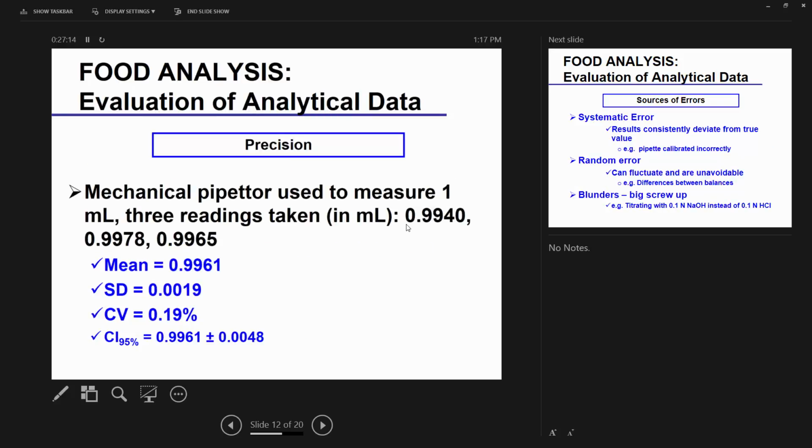So your true mean, in this case, you're 95% confident that your true mean lies within this range. Okay? That's what confidence interval means. Okay? All right. Questions? Would you like me to repeat anything?